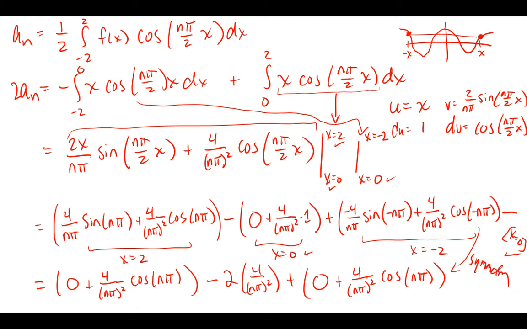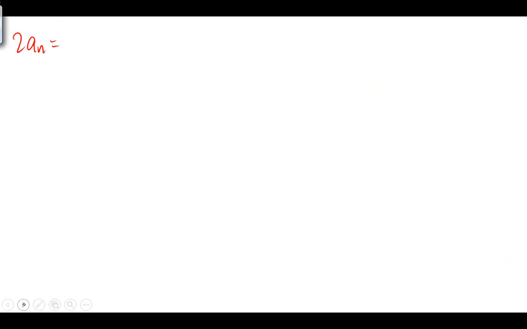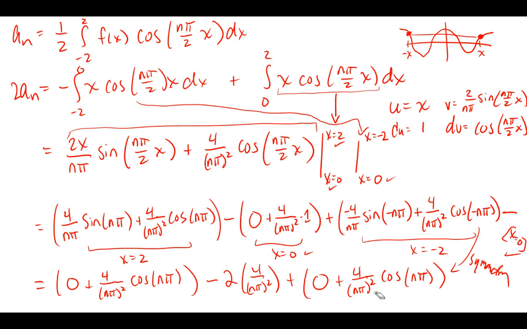So when I go to write this on the next slide, I'm going to do one more simplification. Looking at all this, this is exactly the same as this, so I have 2 of these and 2 of these. Believe it or not, we are left with 8 of these and minus 8 of these.